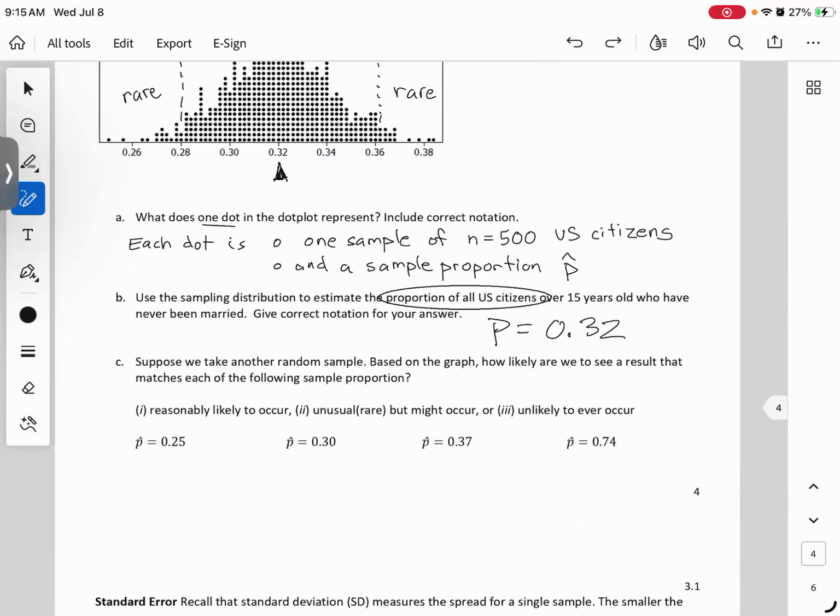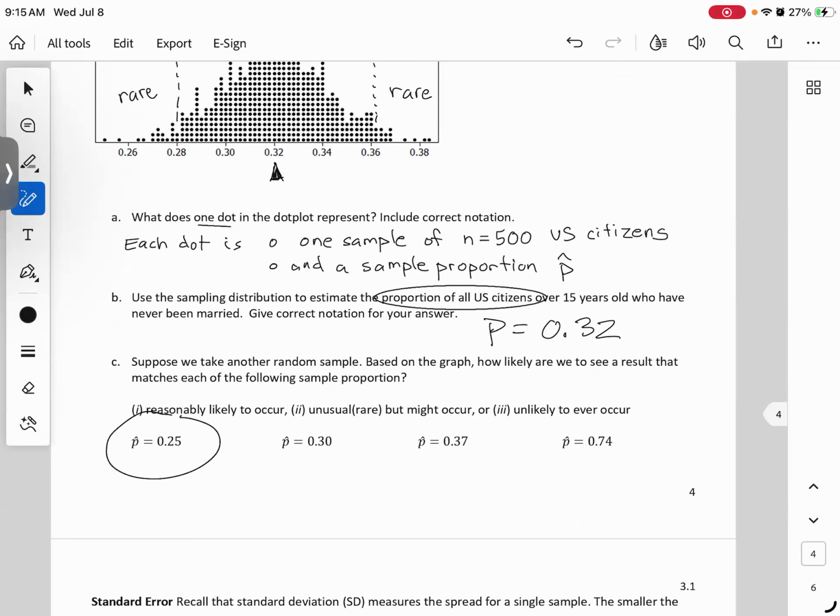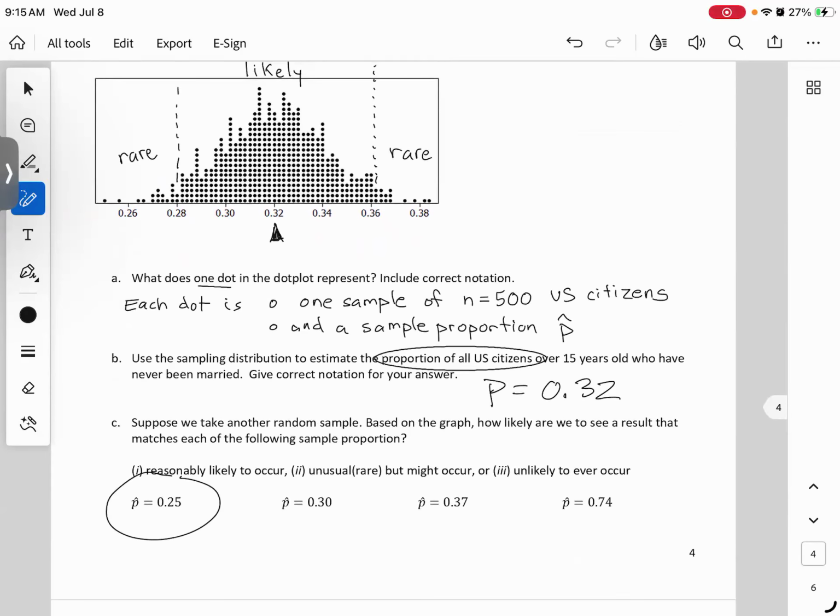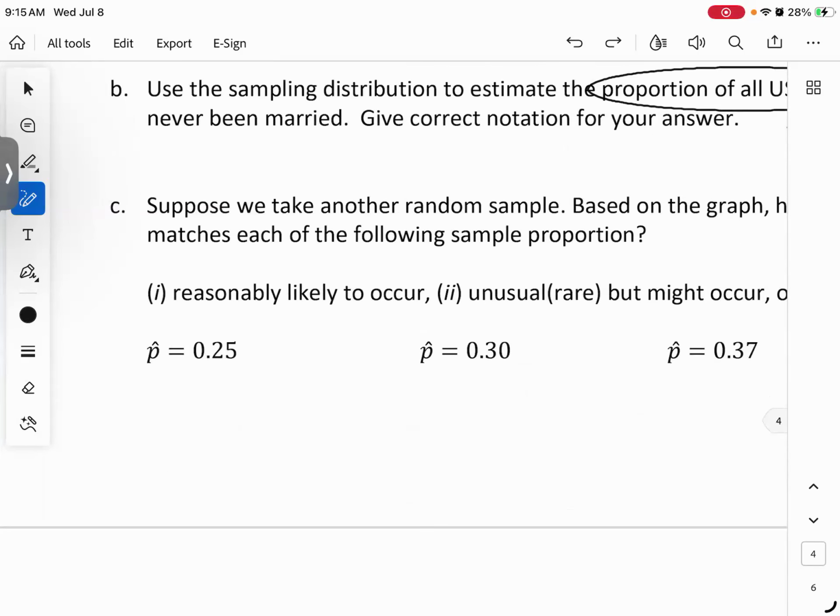And so if we do another sample and think about the likelihood of getting 0.25, that's in this little zone where it might happen. It's not completely off the grid. They use these little I, double I, or triple I, so this would be an II.